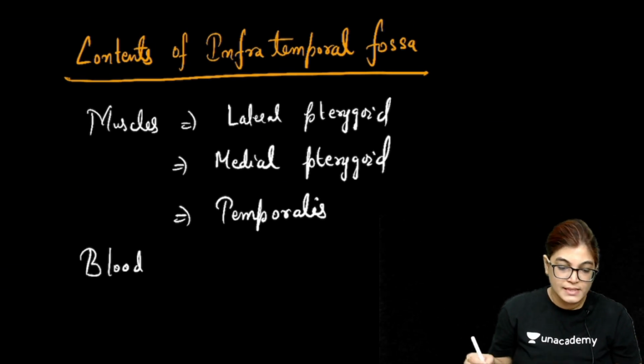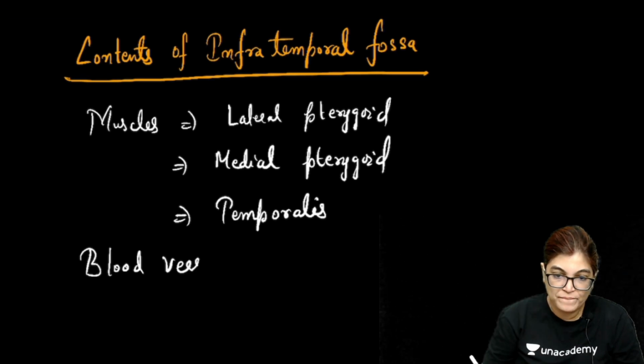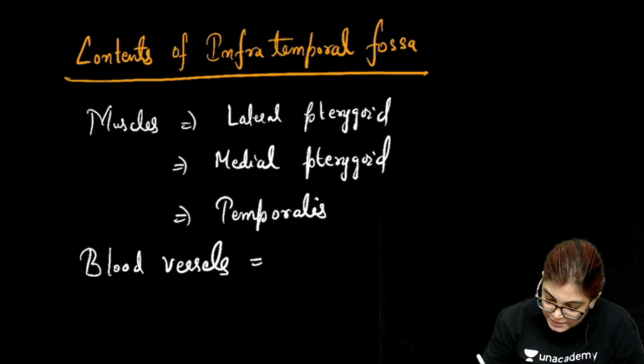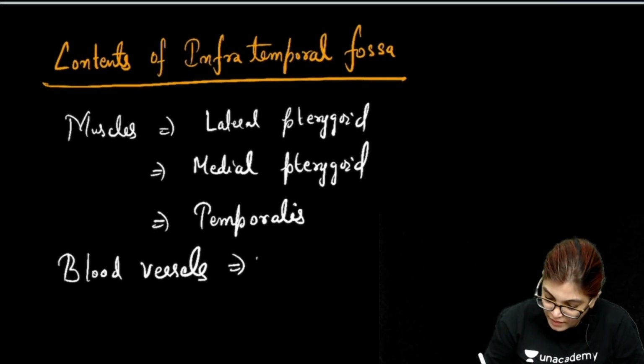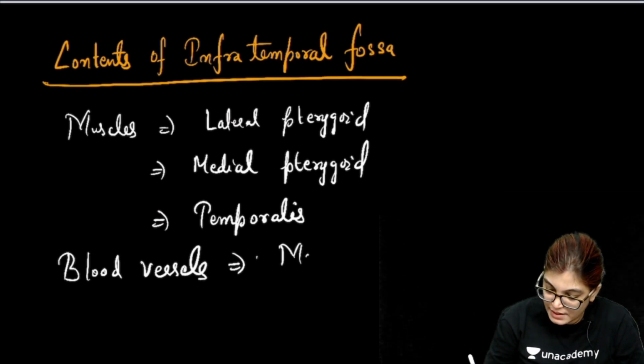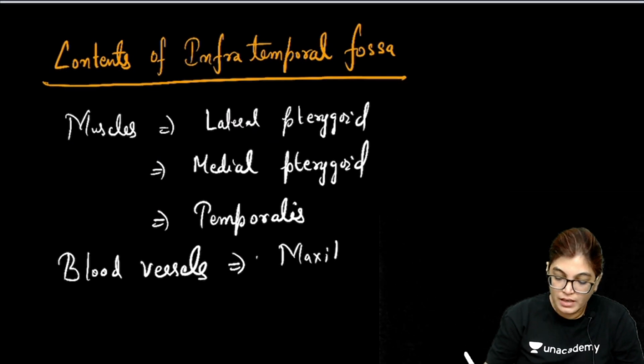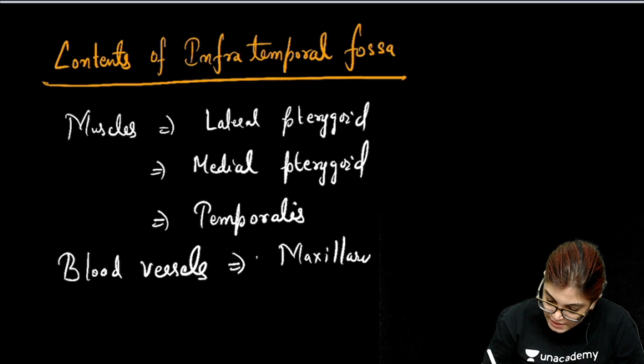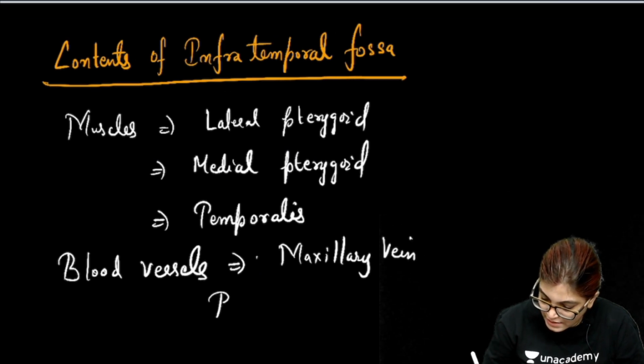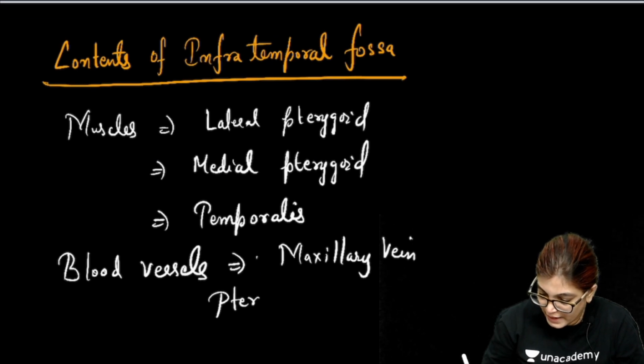Blood vessels: the maxillary vein is there as a content, and the pterygoid venous plexus.